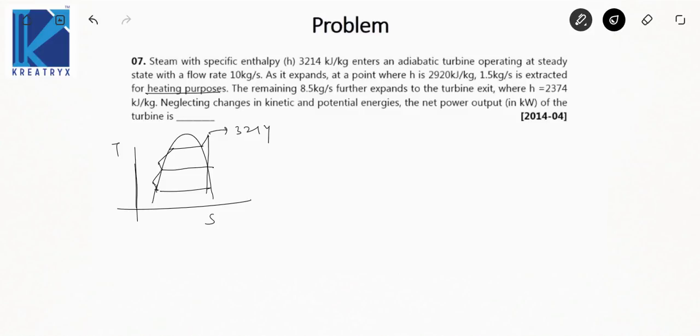This is 3214. The initial flow rate is 10 kg per second. As it expands to a point here, the enthalpy is 2920 kilojoule per kilogram. Some mass is extracted, and the remaining expands to the turbine exit where H is 2374 kilojoule per kilogram.